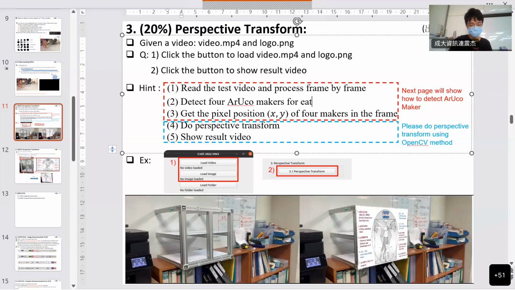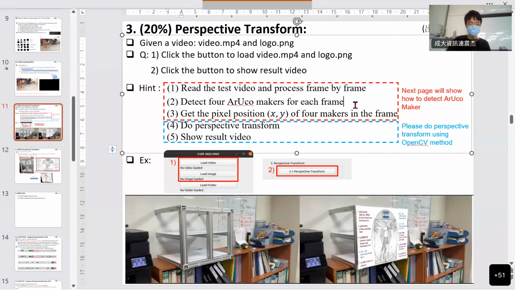After detecting the ArUco code for each frame, what's the next step? We get the position of the ArUco code in each frame.